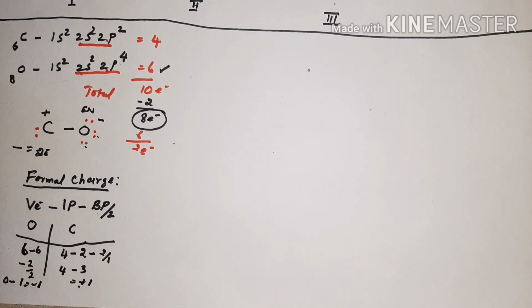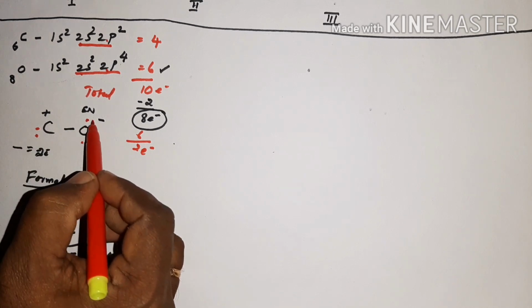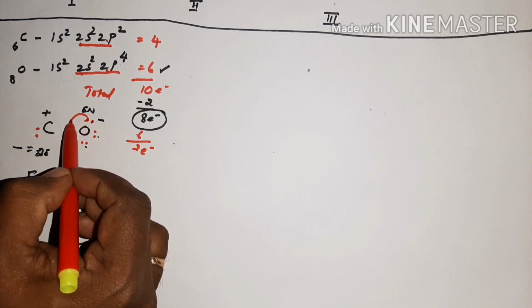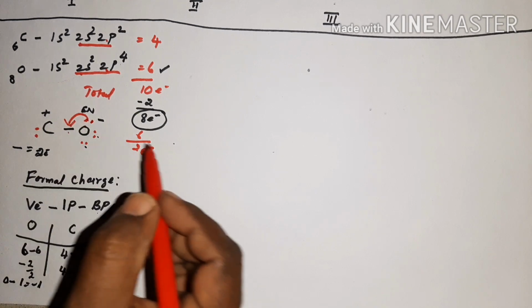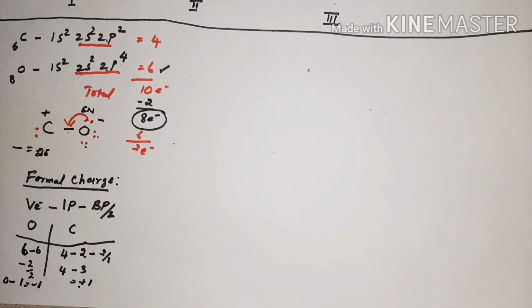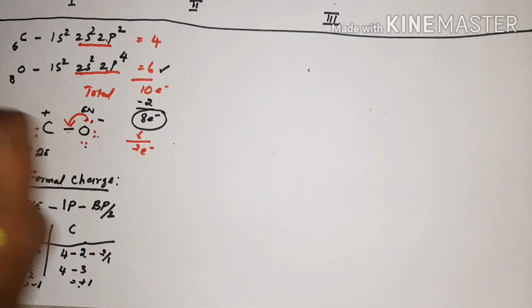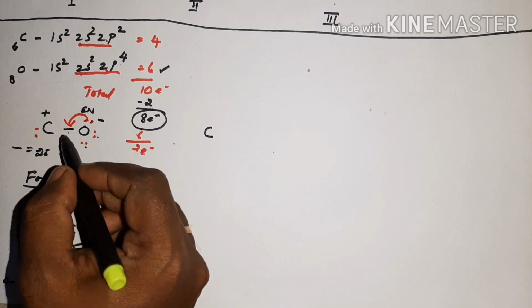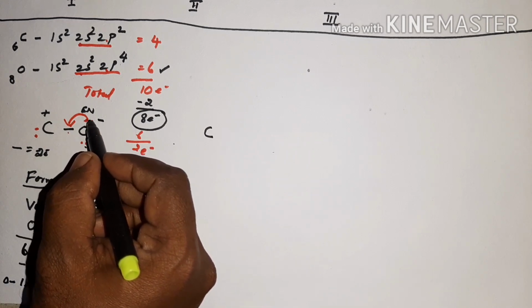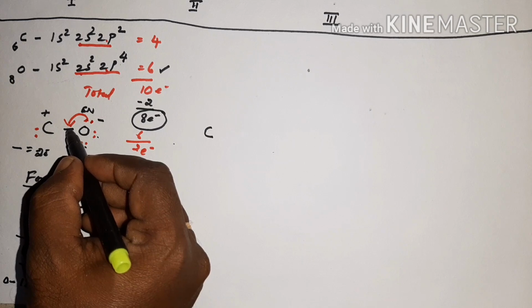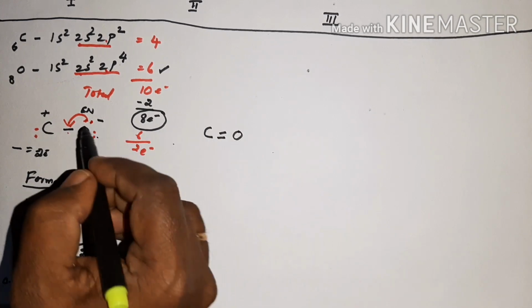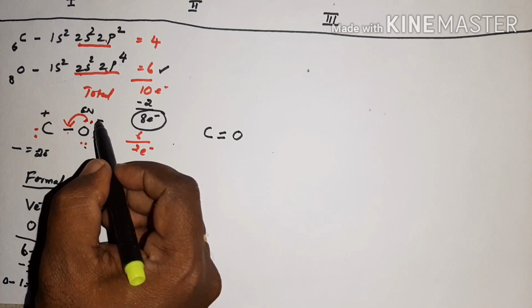Now the second structure, see what is happening. One of the lone pairs from the oxygen will shift towards the bond. So how is the second structure obtained? Since these 2 electrons are shifting towards the central bond, we are getting a double bond between carbon and oxygen, because the minus charge is here.